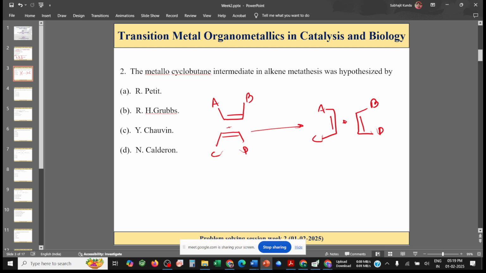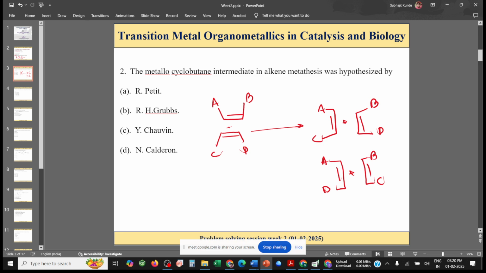Also, there is a possibility of making A=D plus B=C.